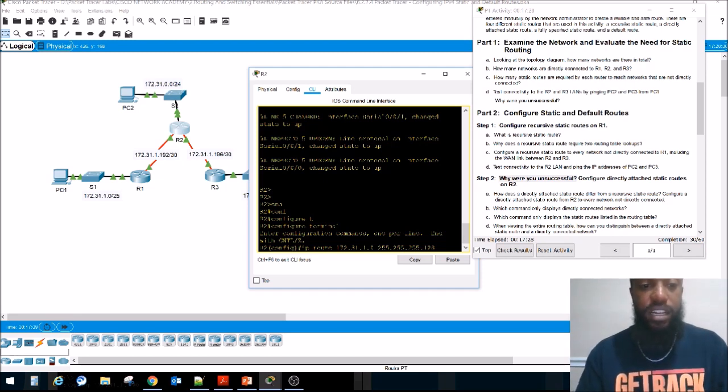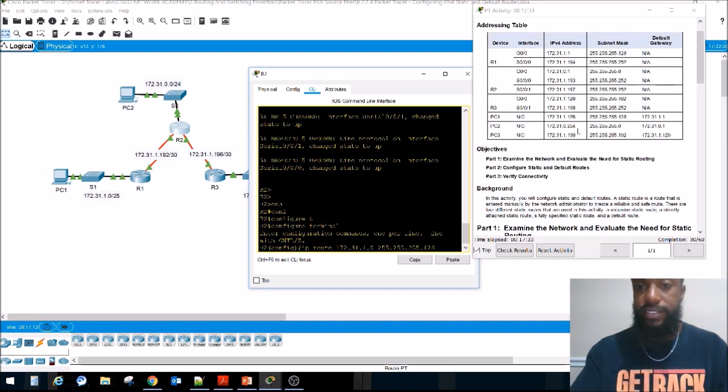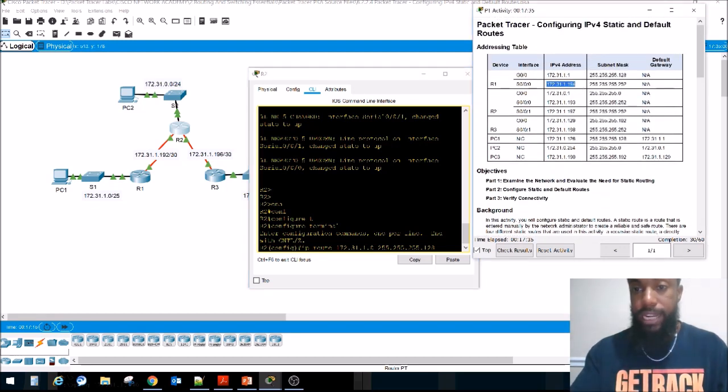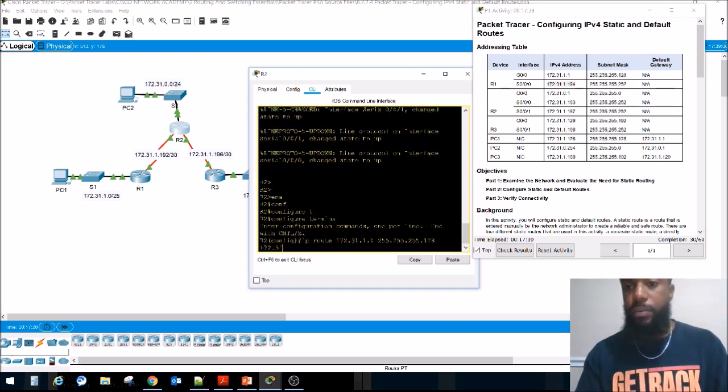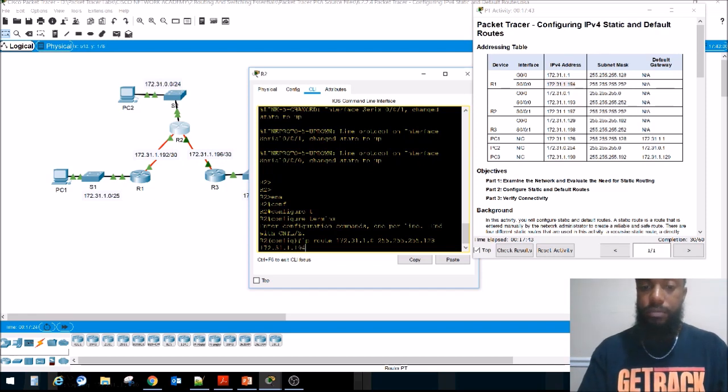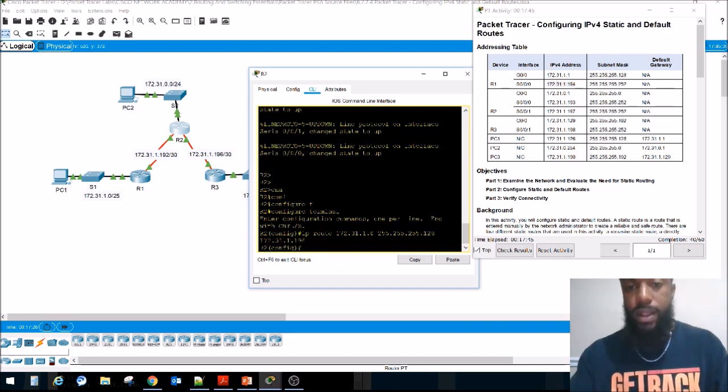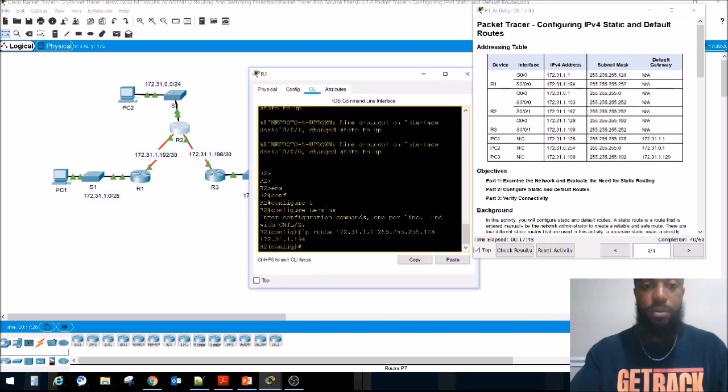Take the next hop of this guy, router 1's serial interface, that guy right there, 172.31.1.194. Take that route. All right, let's take a look at his routing table.